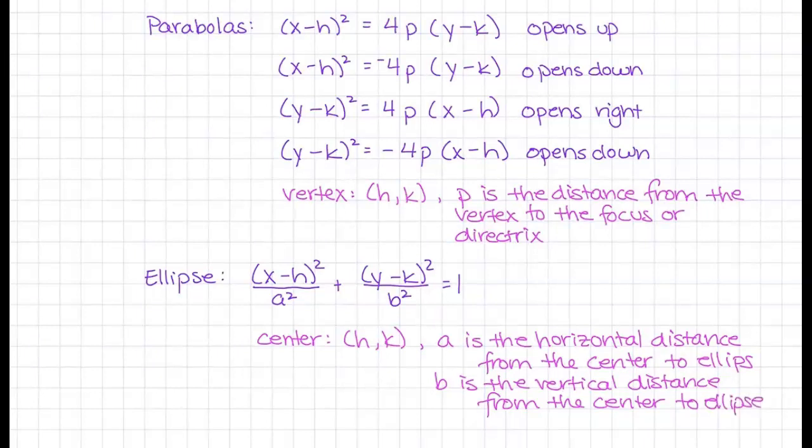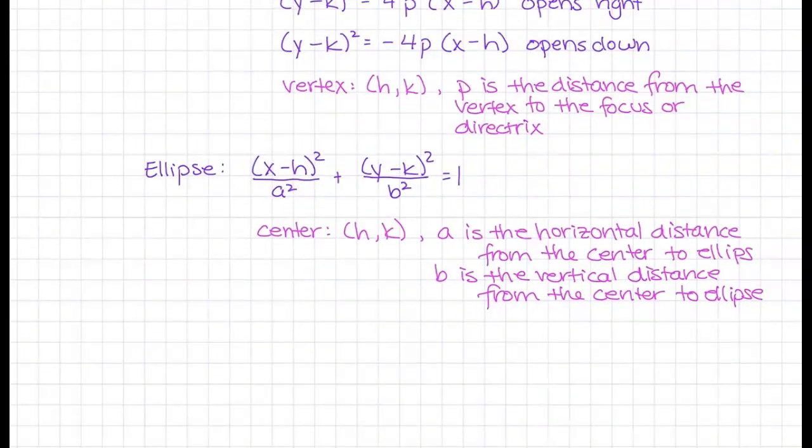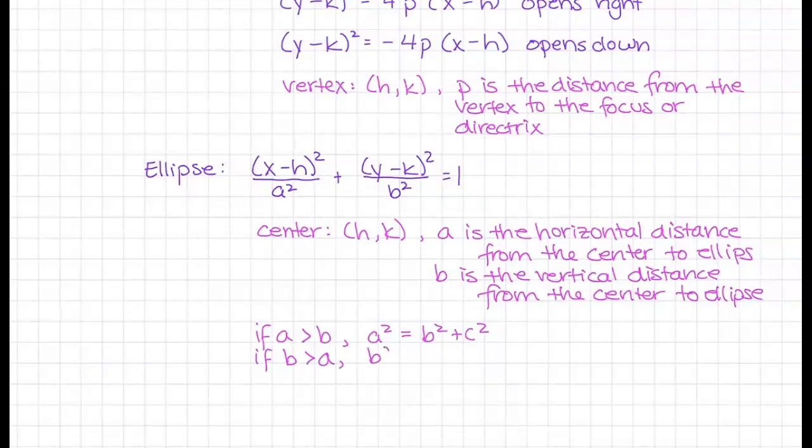Now I am going to put this here also. Remember that we have these equations: if a is the biggest value, then a^2 = b^2 + c^2. But if b is the biggest value, then b^2 = a^2 + c^2. And that gives us our ellipse.